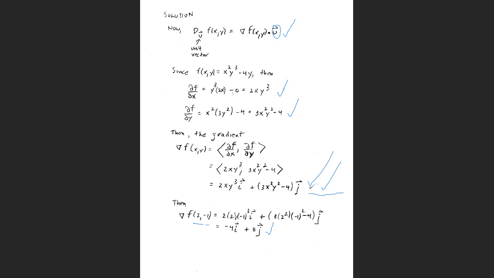You'll notice that when I wrote out the gradient, I wrote it two ways. One is this vector notation, with these symbols for a vector. And then the other is the ij notation. Either way is okay. Sometimes I like the ij notation, but I'll leave that up to you.